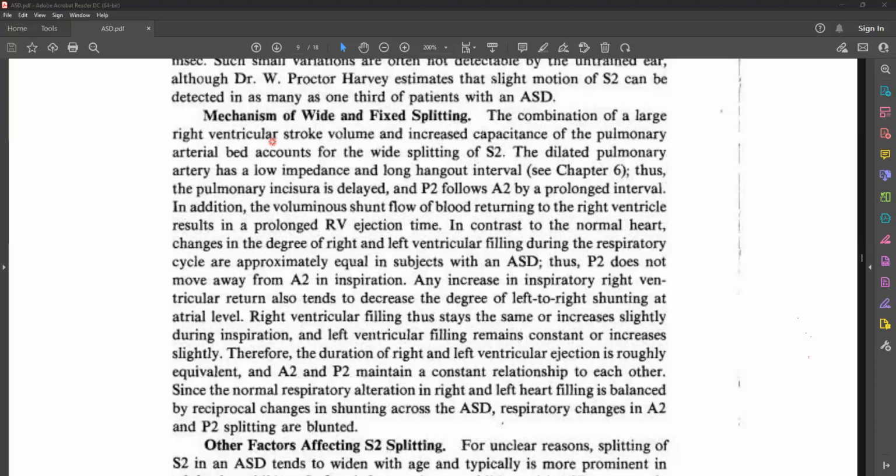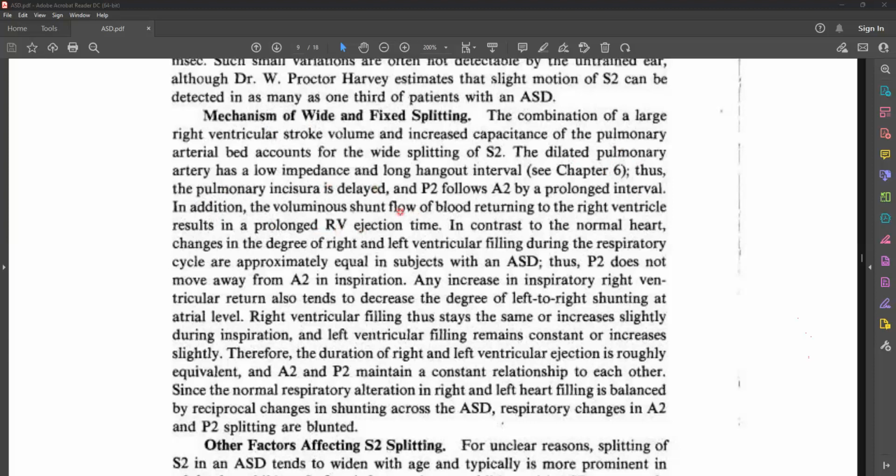So there will be a delay. The pulmonary valve will not close quickly, and that delay is called the hangout interval. So this hangout interval gets prolonged because the pulmonary artery impedance becomes less, because the impedance has to be normal for the pressure to change suddenly. That doesn't occur here. So that is what is explained here. Let me just read it out: the dilated pulmonary artery has a low impedance, so it will not quickly result in closure of the pulmonary valve.